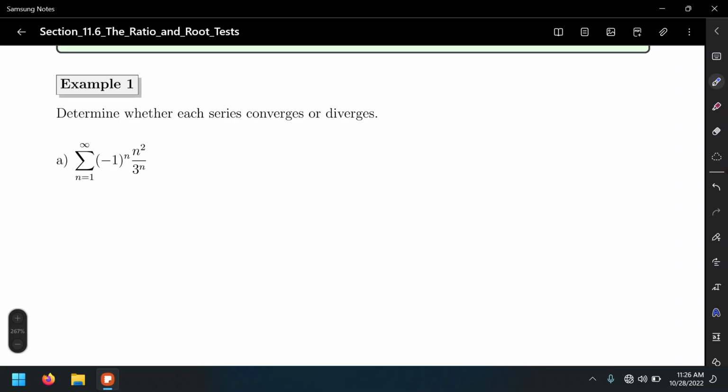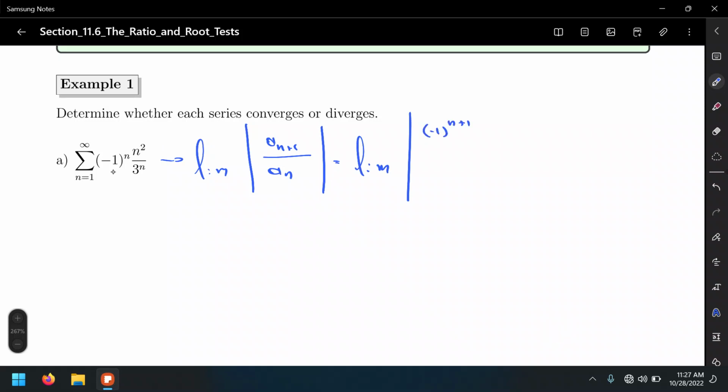However, with the ratio test, we set up a limit, a sub n plus 1 over a sub n. That's the limit of the original rule, -1 to the n plus 1, that is, everywhere I see an n in the general rule, shift that n to n plus 1.